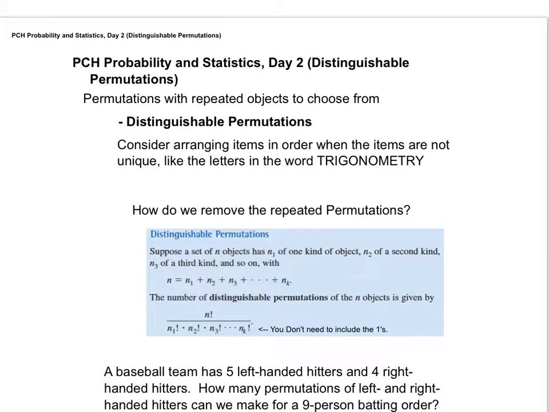Now, the problem with this is, if I look at all those letters as kind of distinct items, then that would be correct. However, in reality, let me show you something. Here's a different permutation.